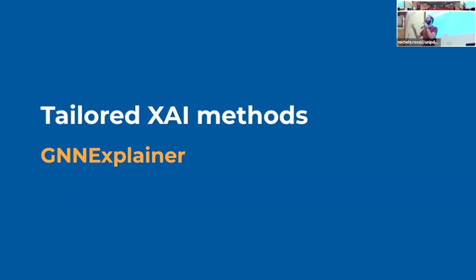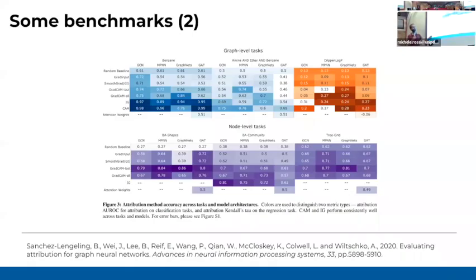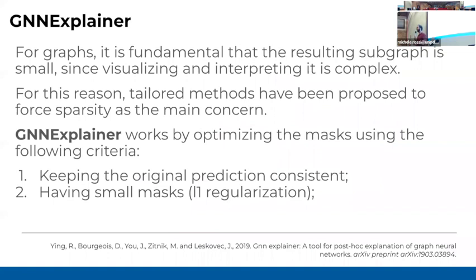Okay, so this was half enough, let's say. Saliency maps and integrated gradients are very used also for images. They are kind of useful for graphs. I linked here a few papers that were trying to do that, but eventually they found out they didn't work so well for this kind of problem, because it's fundamental that the resulting subgraph is really small.